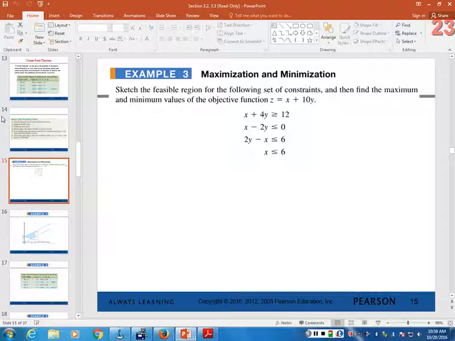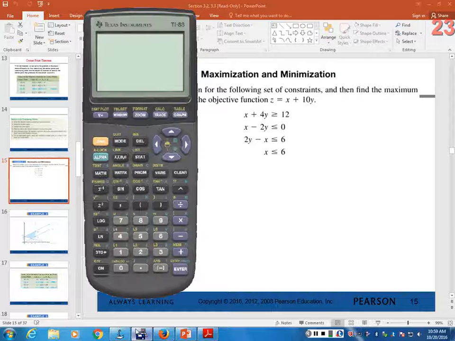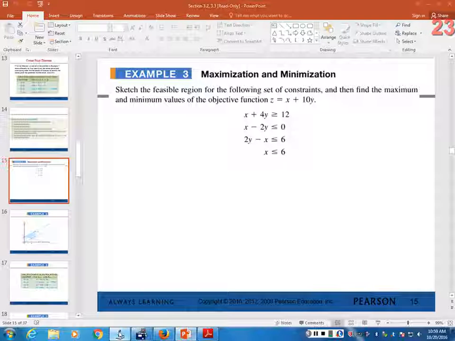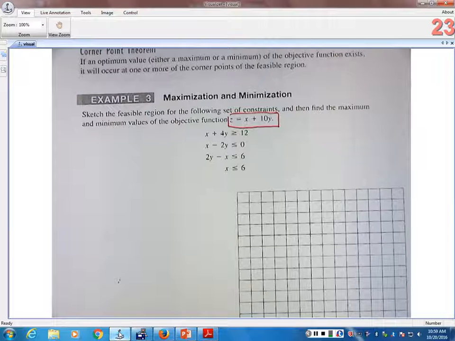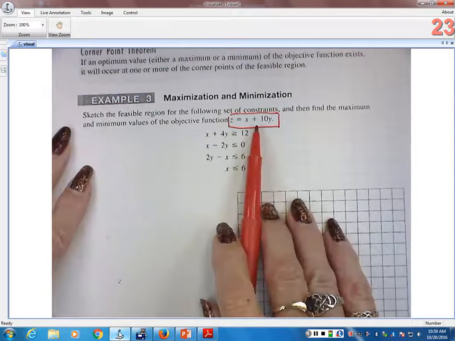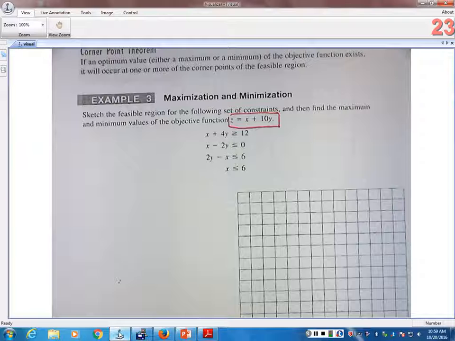So before I go on with the PowerPoint, we'll take our time and graph this one. This is our objective function. Here are our constraints.